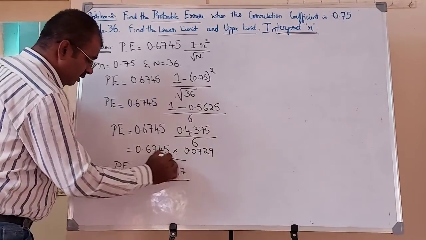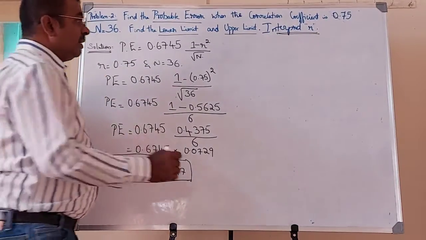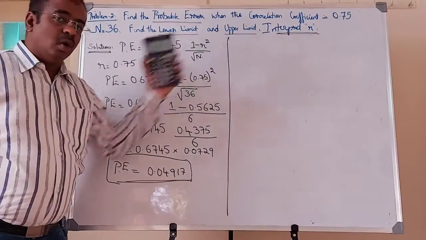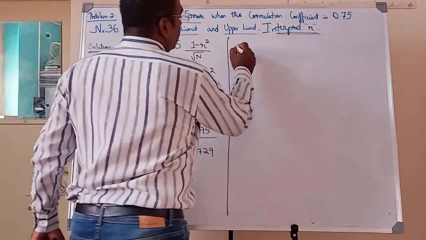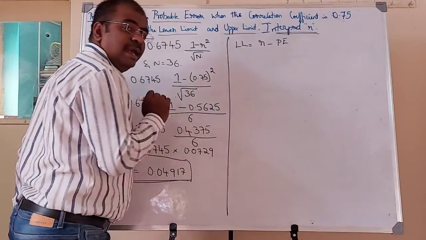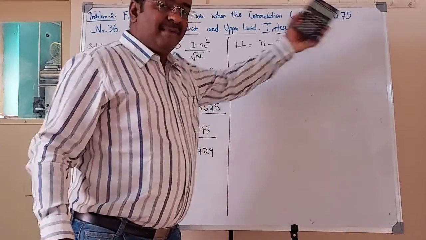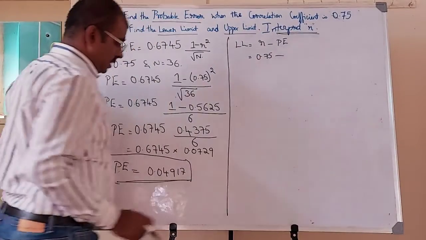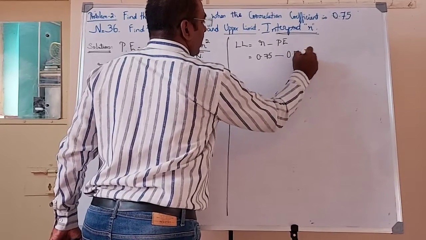So we have found out the first part, which is calculating the probable error. Next, let us calculate the upper limit and the lower limit. The lower limit is equal to R minus probable error, which is equal to, the value of R is 0.75 minus the probable error 0.049.